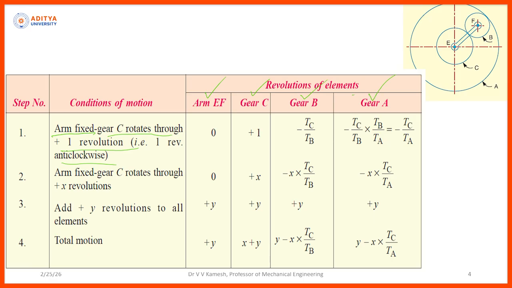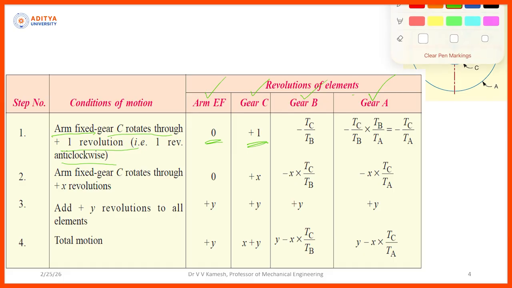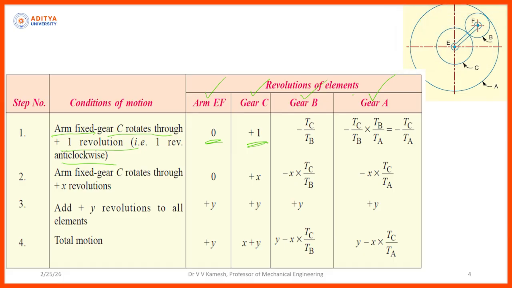So, three components other than the arm. The arm is fixed, so 0. Gear C will rotate with plus 1, that means anti-clockwise 1.